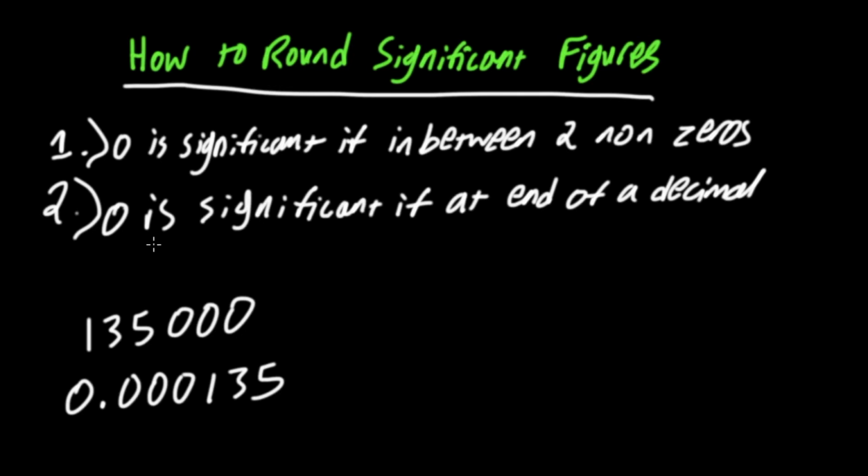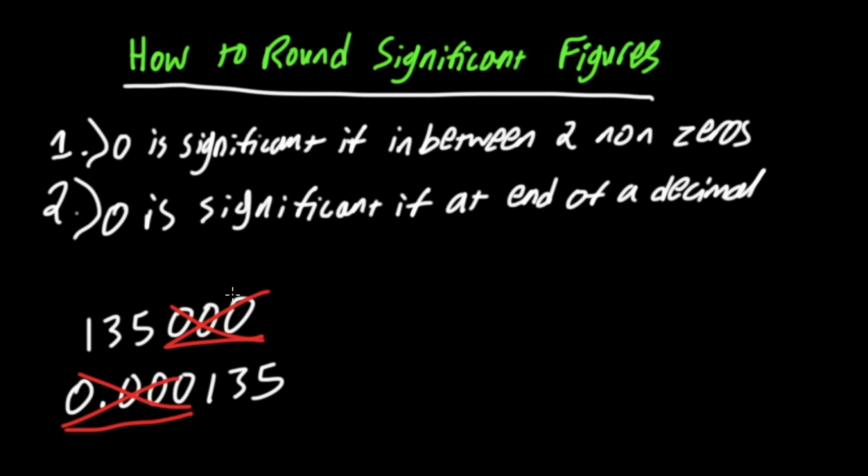This means that zeros on the end of a non-decimal number are not significant. So, because this number here, 135,000, does not have a decimal, and these zeros are at the end, they are not significant figures. Additionally, if zeros are at the start of a number, like they are here, they are not significant.